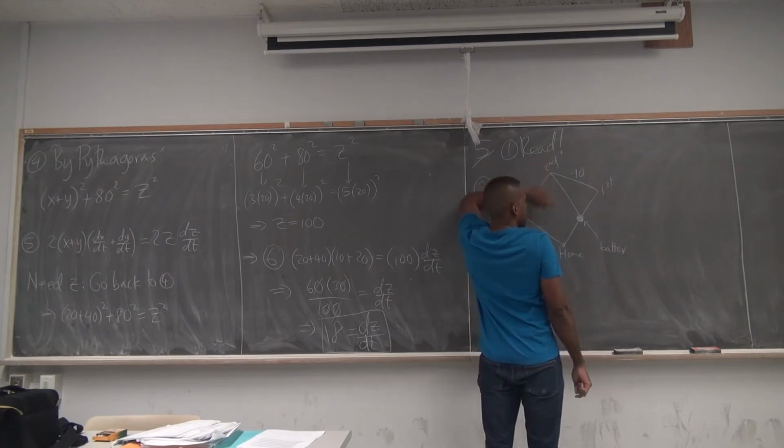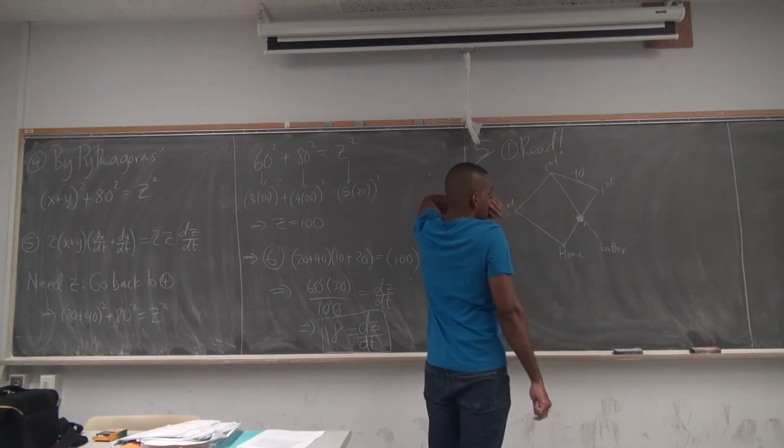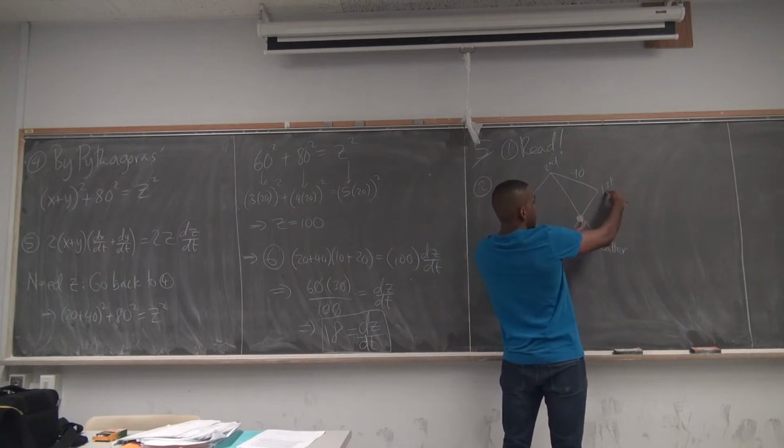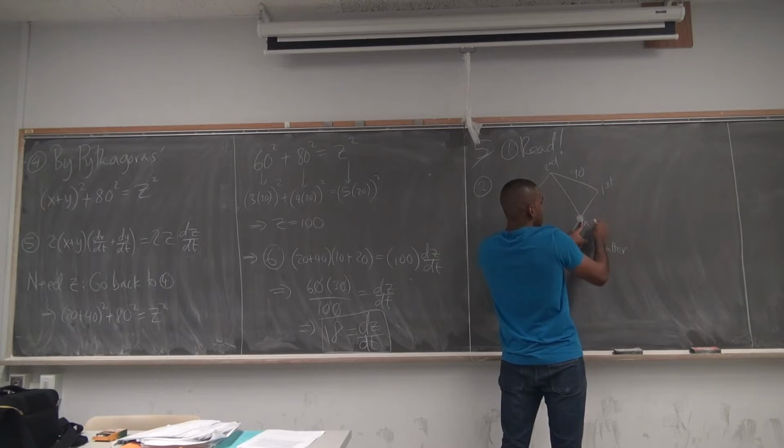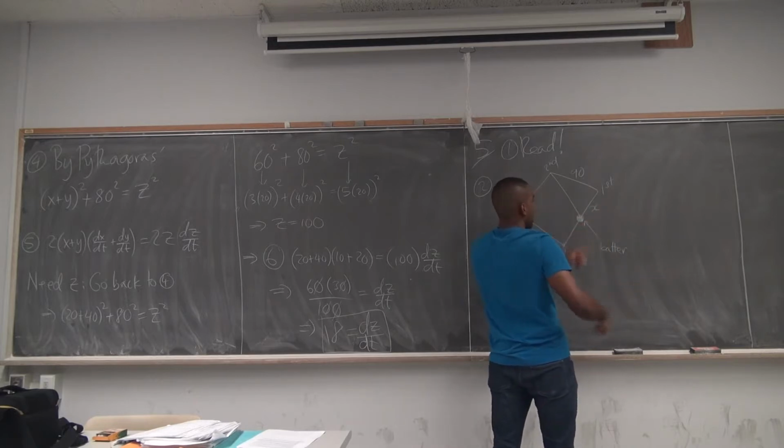So I can label that with a constant. What else would you label? First to batter is 45. It's not 45. Why is it not 45? Because he's actually running, he's moving, right? This is just a snapshot of one part of the situation, right? So this distance here, I call it x, because it's changing.